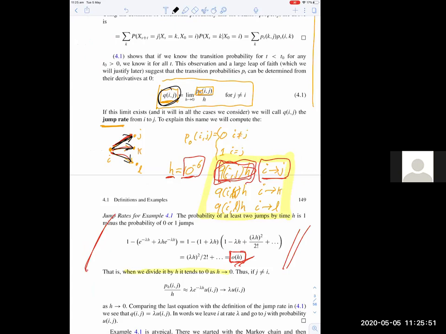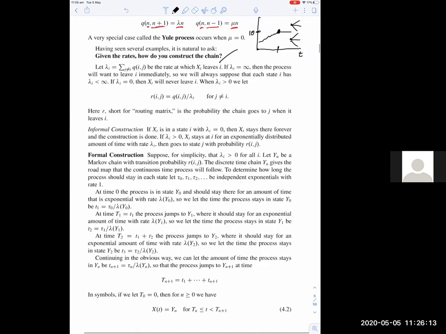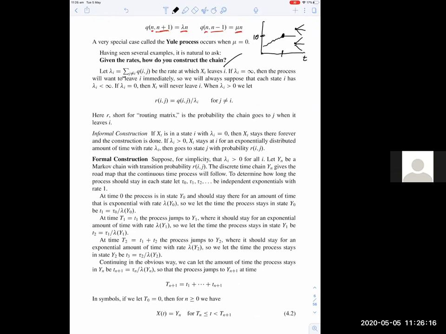Now, an important point: do not treat these as probabilities, because if you add up numbers, you might get greater than 1. Rates by themselves are not probabilities, but when you multiply them by h, they're approximate probabilities, and when you multiply them by h and add a little o(h), they are really probabilities. So what you do is add up all of these rates, and you call this lambda_i.